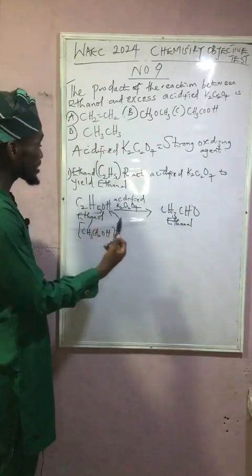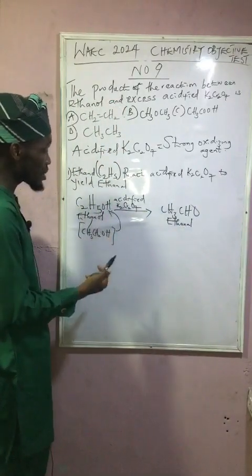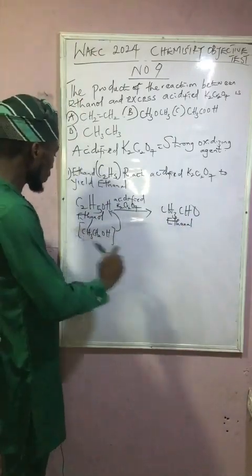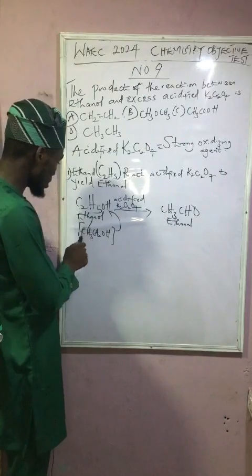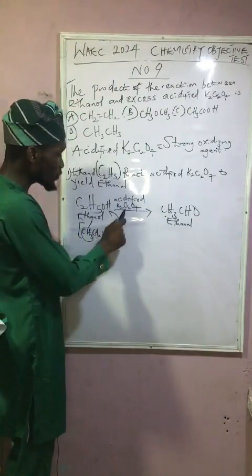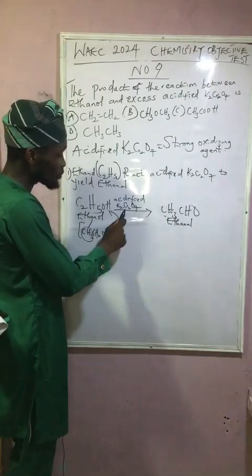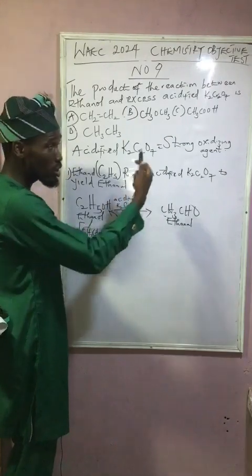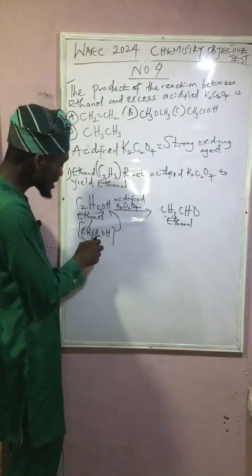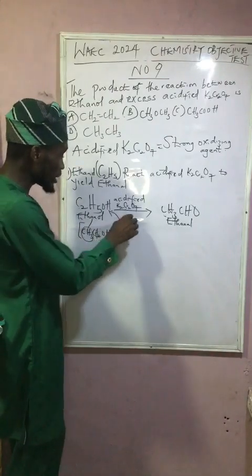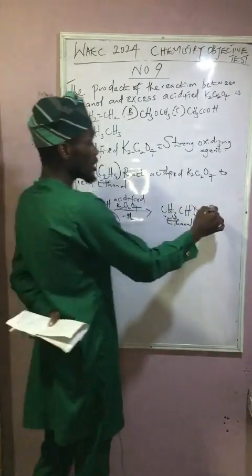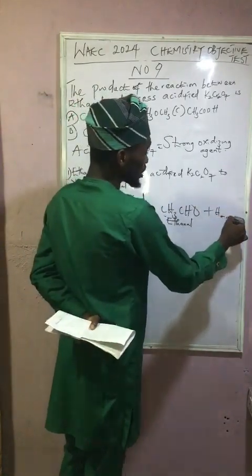So how do we have that ethanal as our answer? Mind you, we have two carbon atoms there. So for this now, this is this, what you have here. But here, because of this acidified potassium dichromate, which is a strong oxidizing agent, we are going to what? This H here will be eliminated, or we can say plus hydrogen gas.